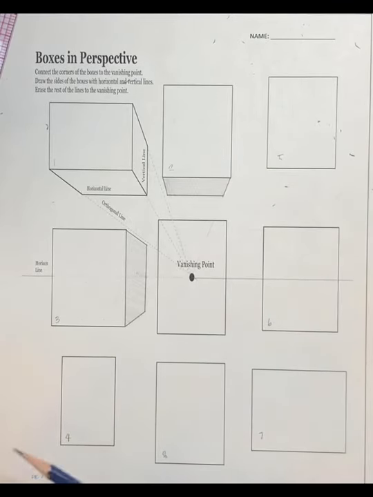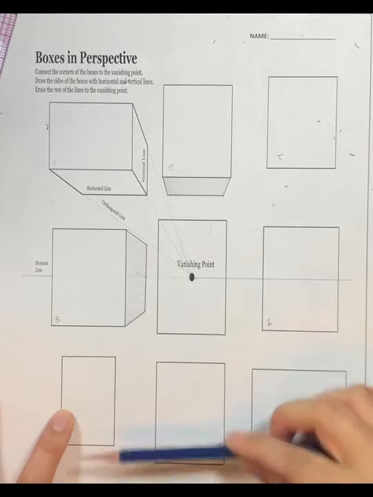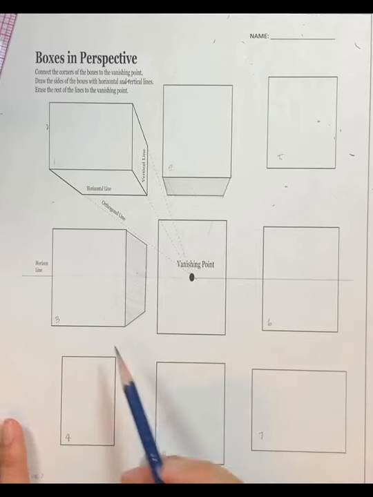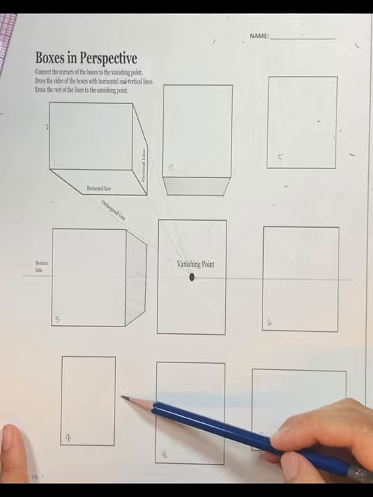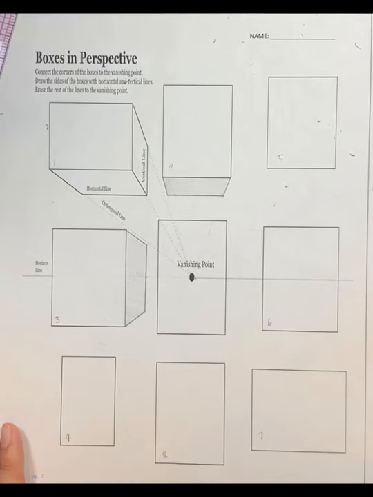Now let's move on to box number 4. This one is on the left-hand side and below the vanishing point, which means I'm going to be able to see the top of the box as well as the right-hand side of the box. So let's go ahead and get started.